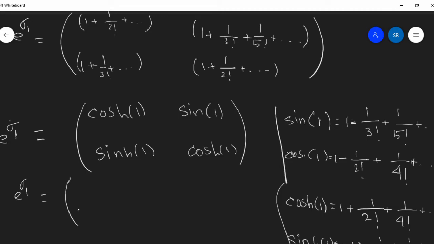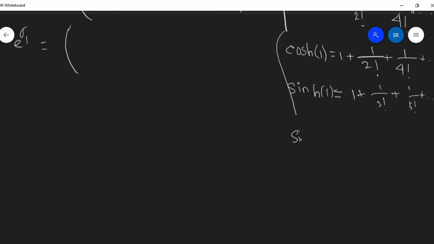Okay? So we also know something about these things, that sinh of 1 is 1 by 2 times e power 1 minus e power minus 1, and cosh of 1 is 1 by 2 times e power 1 plus e power minus 1.